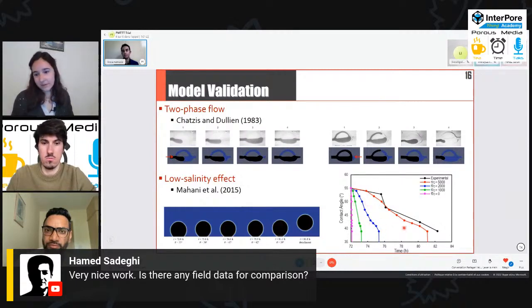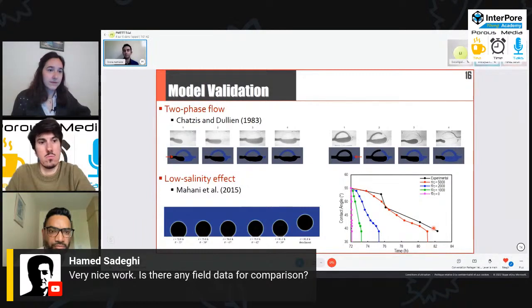Using different boundary conditions, we can match the time scale of wettability alteration to the experimental data, so we can gain confidence in both our flow model and the wettability alteration model. But I don't think there is a possibility of validating with field scale data because there is a big gap between these scales.